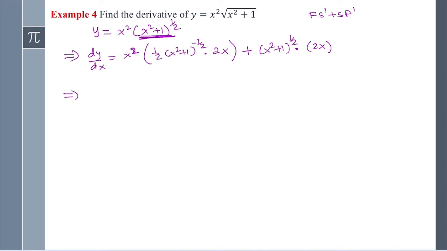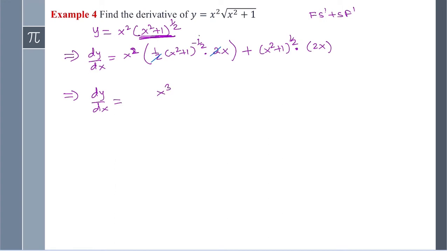So that gives us dy over dx equals, here we can cancel out these two and this two. And then when we distribute, x squared times x, we get x cubed.